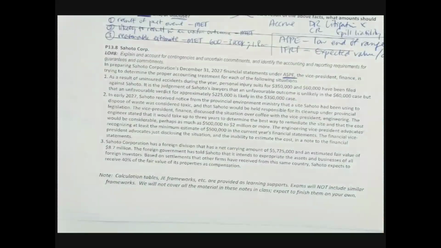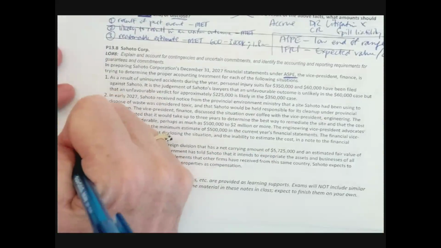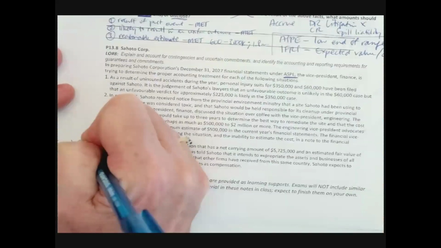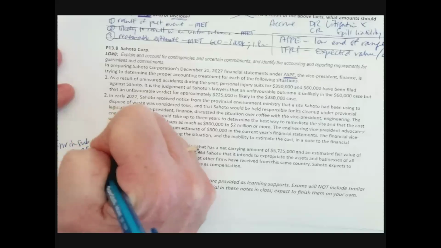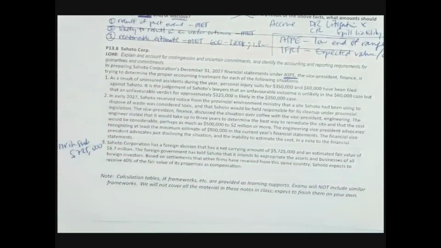Okay. Third one. They have a foreign division that has a net carrying amount of 5.725. A foreign division. Like an investment in sub? Okay, so they have an investment in sub sitting on their books on the asset side. 5.725.